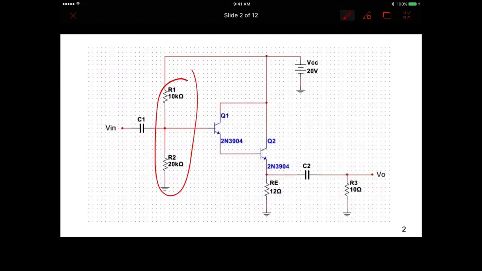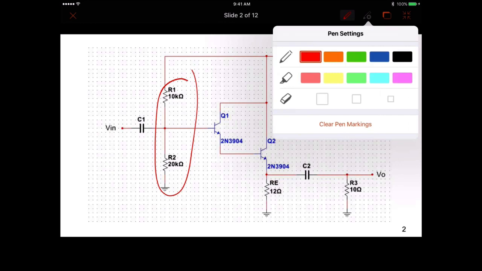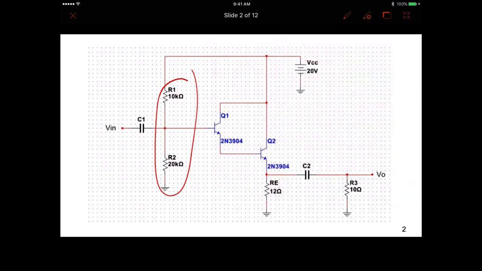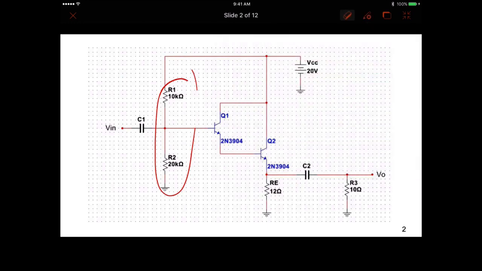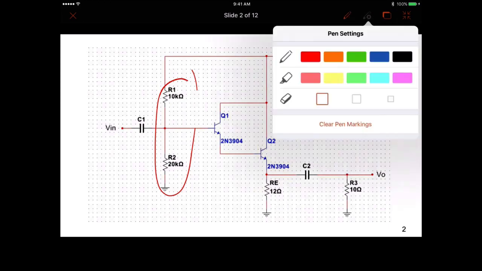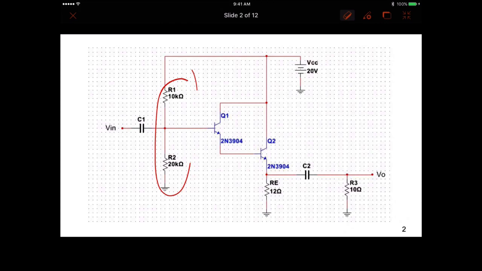Okay, VTH, so this is V2, which is also VTH.